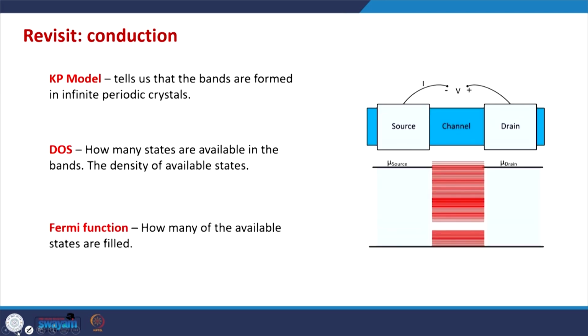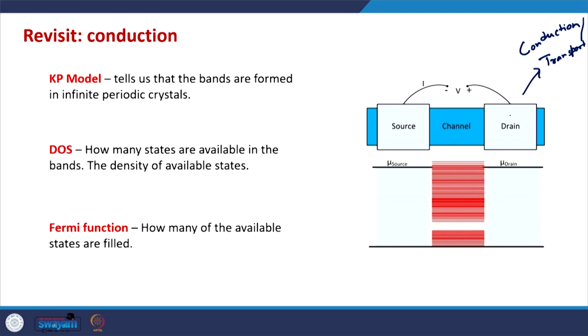So, finally, we have a two terminal device that we are trying to understand. We are trying to understand the mechanism of conduction or transport in a two terminal device. Generally, the middle region, the channel region, is taken to be a very small region.